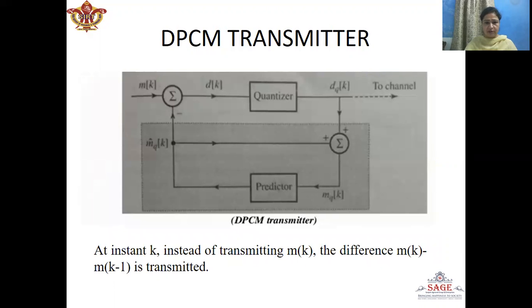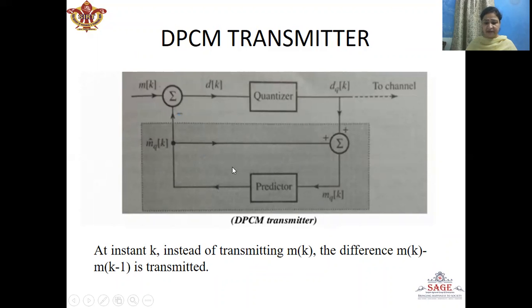Now, this is the block diagram of the DPCM transmitter. Here at instant k, we have a sampled version of the message, mk. Now, instead of transmitting the present sample mk, we transmit the difference between mk and the previous predicted value. Here we have used a predictor for predicting the value.